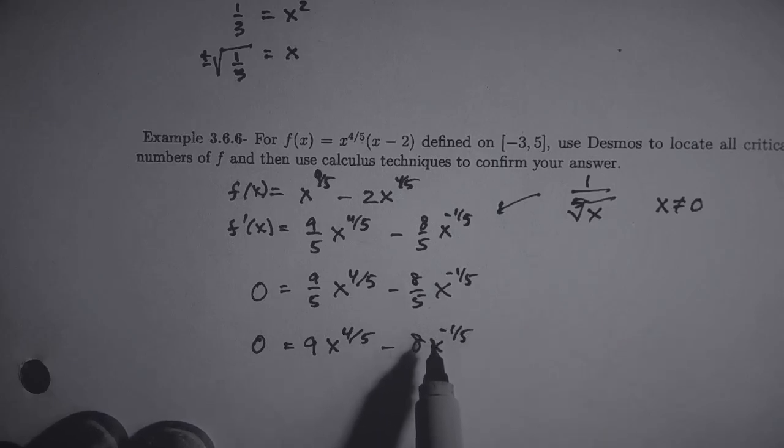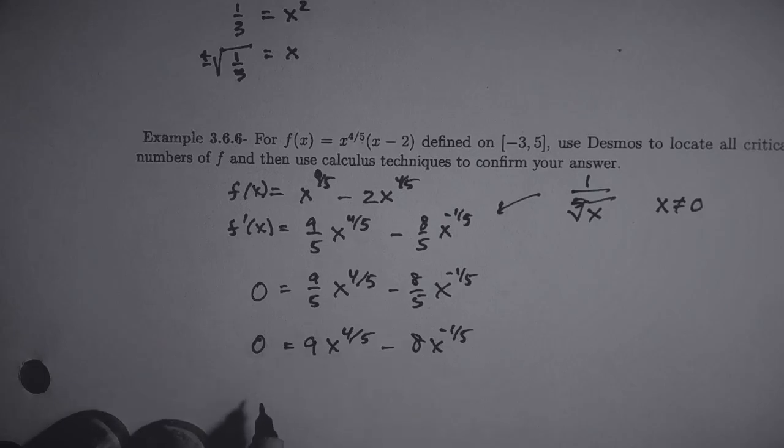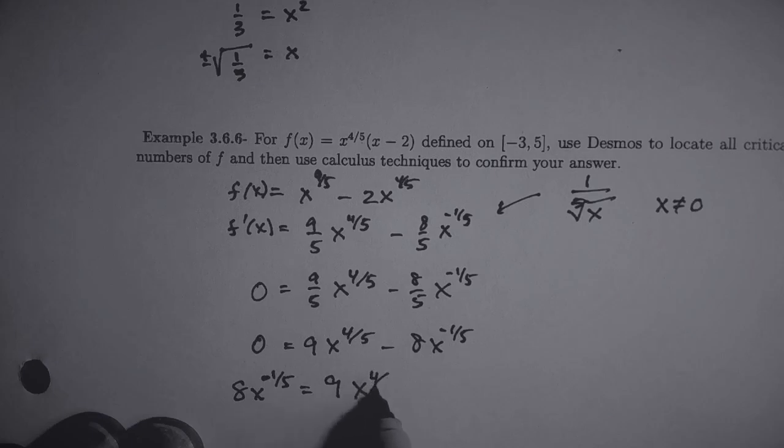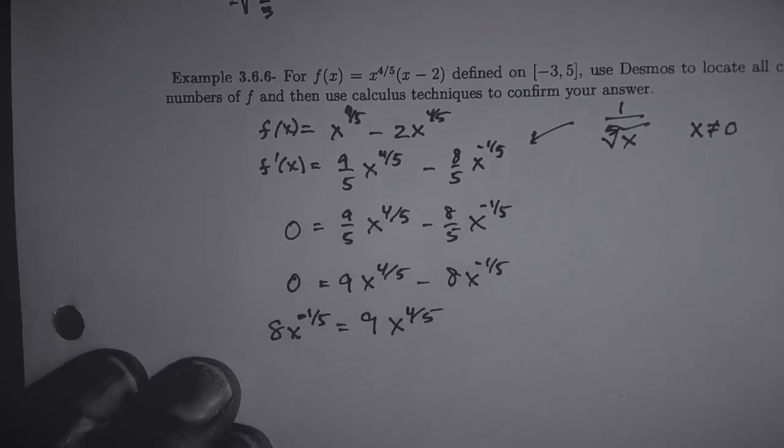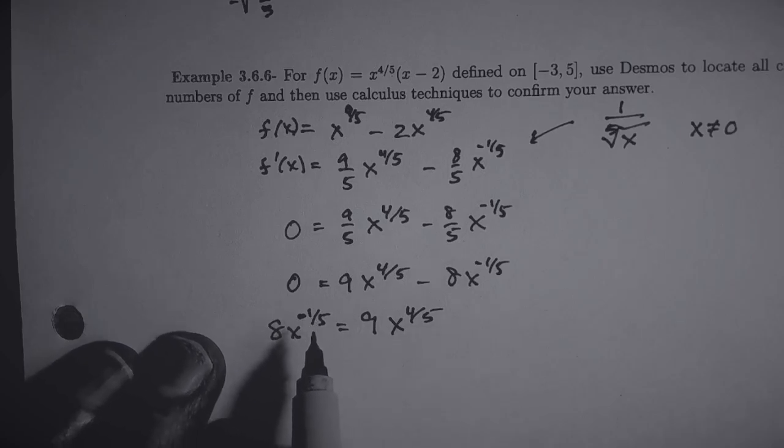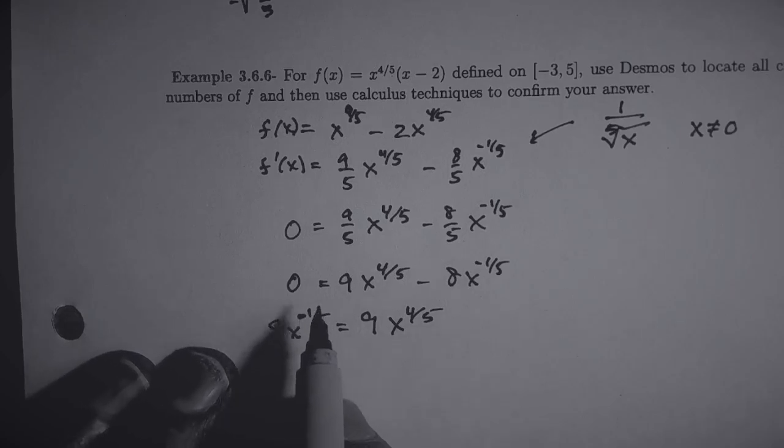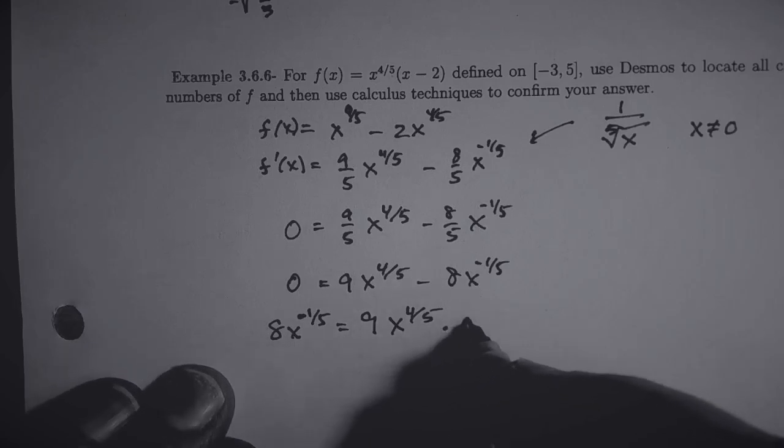Why don't we add this term over there? So now there's a positive on both sides. And I'm going to multiply both sides by x to the positive 1/5.